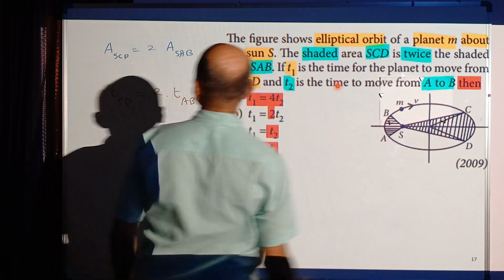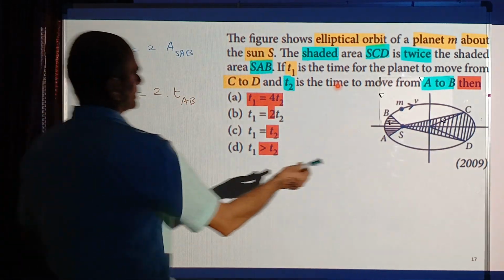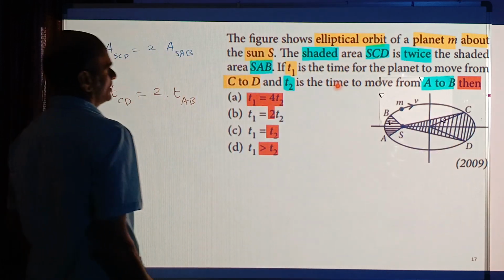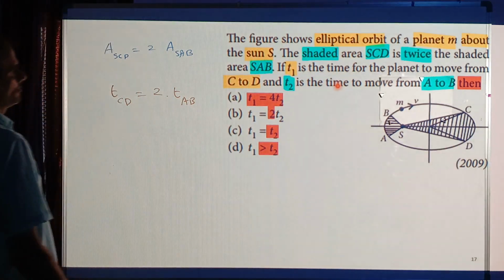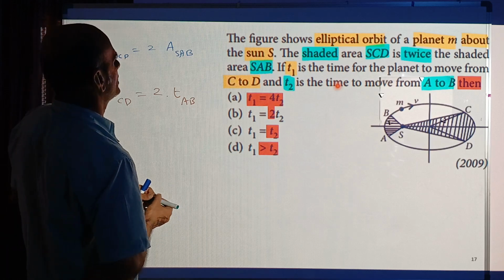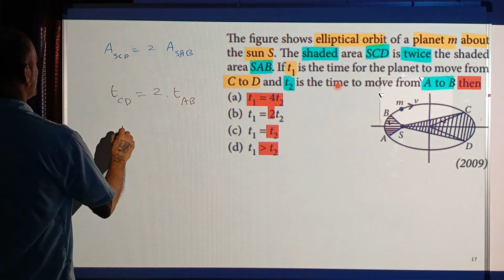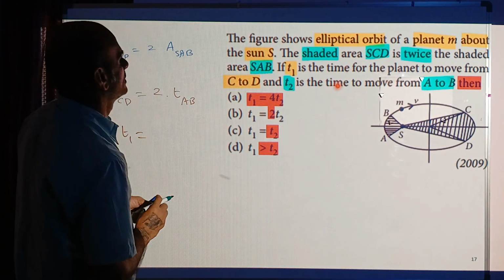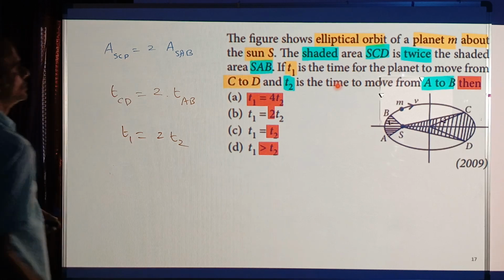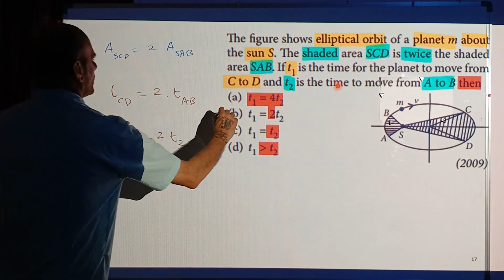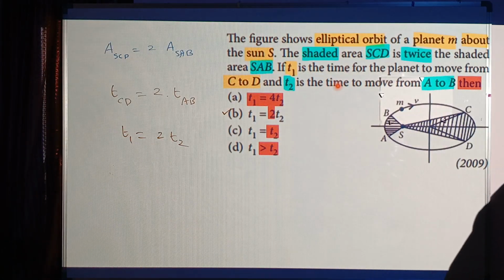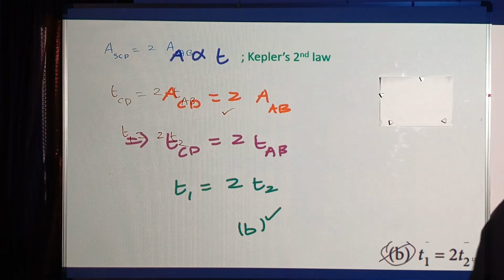Since this area is twice this one, the time it takes to go from here to here will be twice, because area is proportional to time. So T1 is the time to move from C to D, and T2 is the time to move from A to B. So T1 equal to 2T2. B is the correct answer.